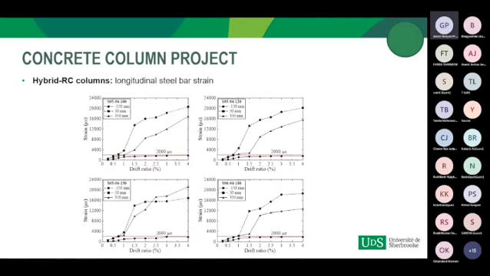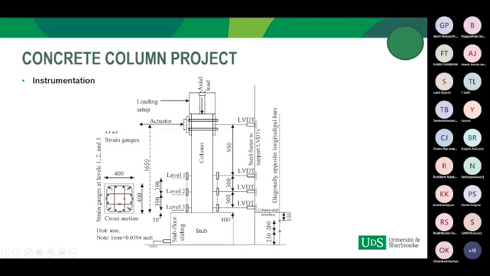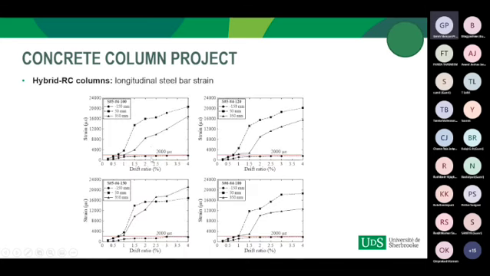The strain developed in the longitudinal steel bar at two levels, 50 millimeter above the column stub interface and 350 millimeter and 150 millimeter below the column stub interface, were plotted here.